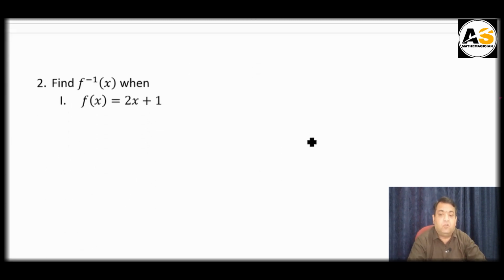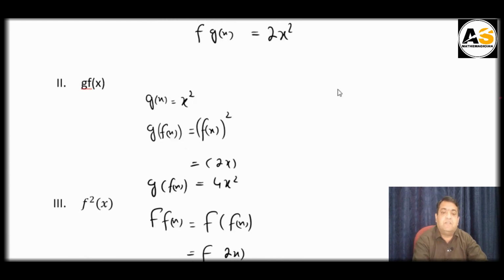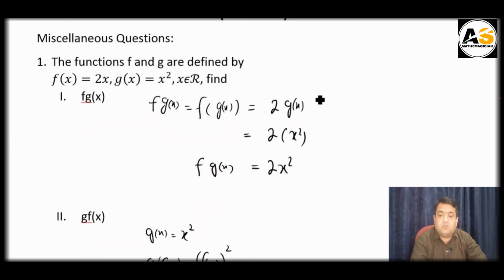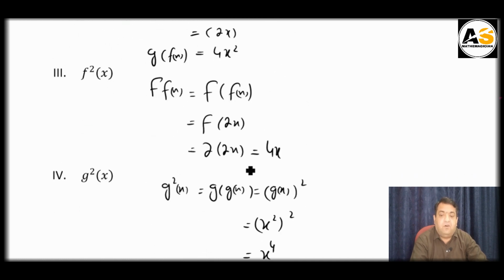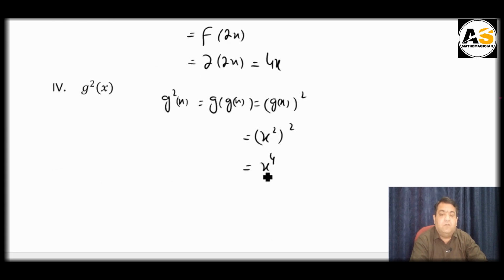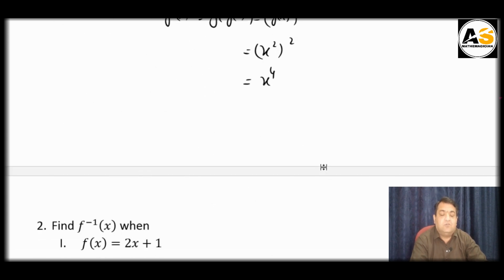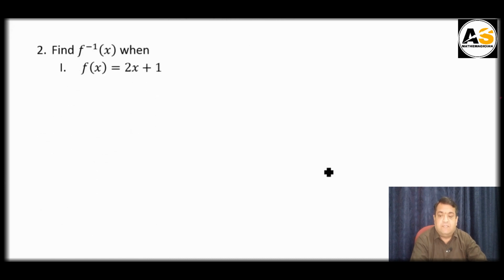So this was the fourth part. This was our first question. We were asked to find f of g of x, g of f of x, f of f of x, also called f square of x, and g of g of x, also called g square of x.